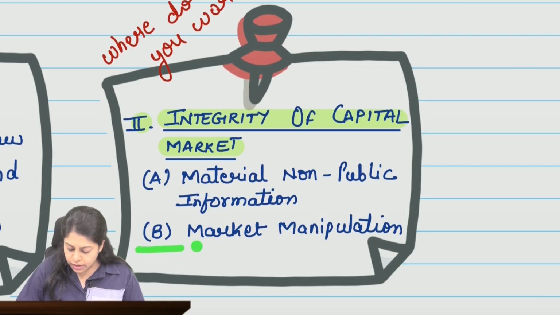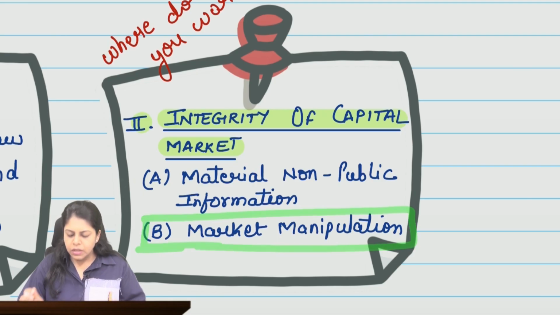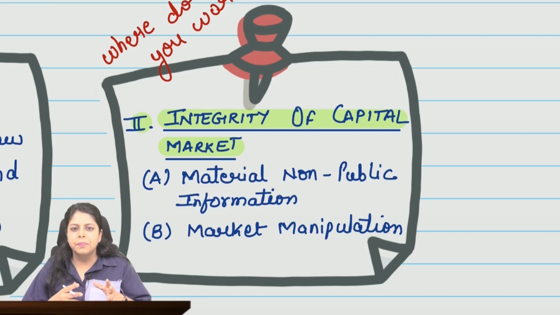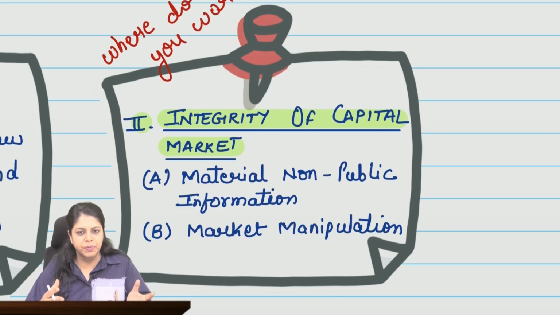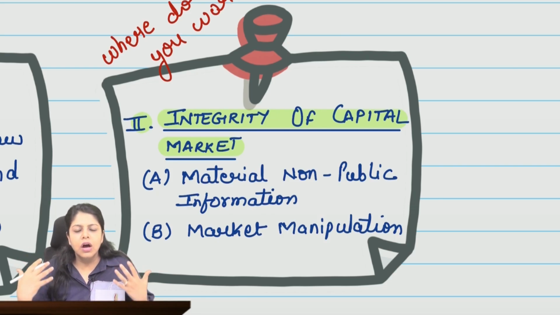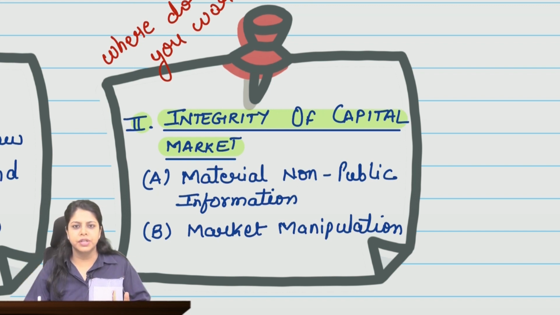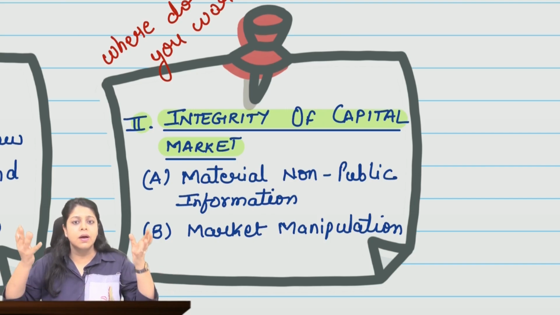The second subsection is market manipulation. This is a very small example of pump and dump. A few people, if they have a lot of money, will find a penny stock in which they will invest a huge amount of money. They will buy a lot of shares. Now, this will obviously create a buzz in the market that this person has acquired so many shares in this penny stock. So, eventually, other people also start buying it. Because of this, the price of that particular penny stock rises in the market.